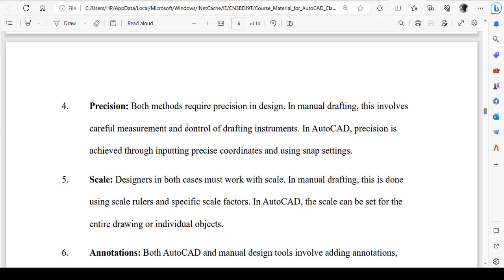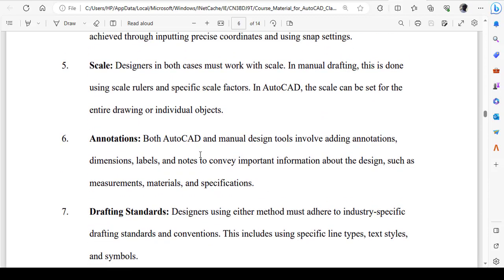So you have your skill, which is very important. Maybe you can't tell me that you are going to draw without that skill. No, for you to have a productive design, you must have a specified skill, and this is where it comes into play. So both in your AutoCAD and in your manual design, you have skills. Then talking about your annotations, your dimensions, your labels, and all of that.